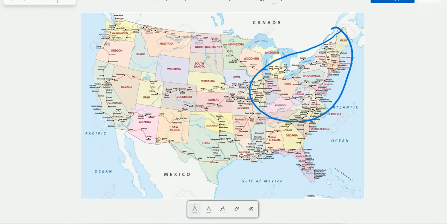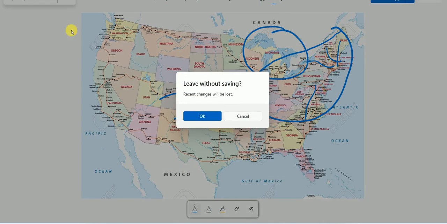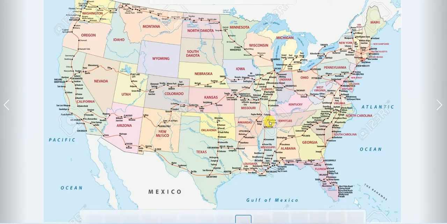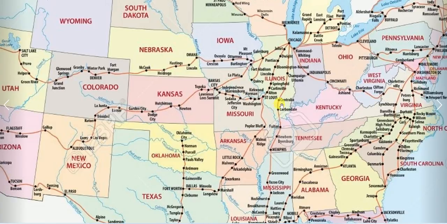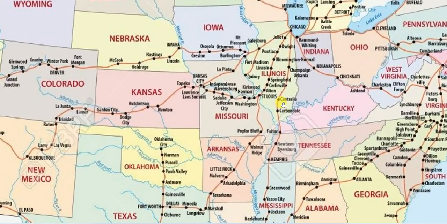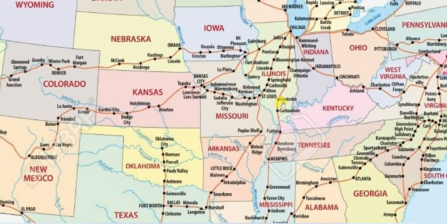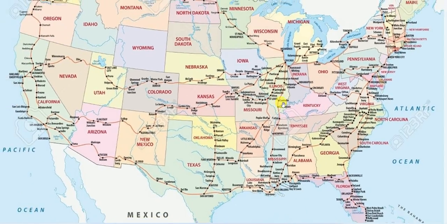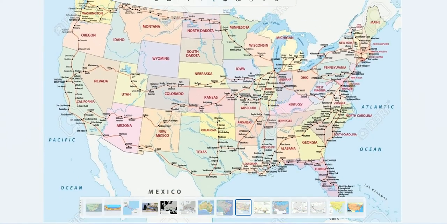It is also known as the Great Lakes region. These are the Great Lakes, and so many railway networks. Just see the red lines, and this shows the railway network. I will zoom. The red line represents the railway network in the USA.